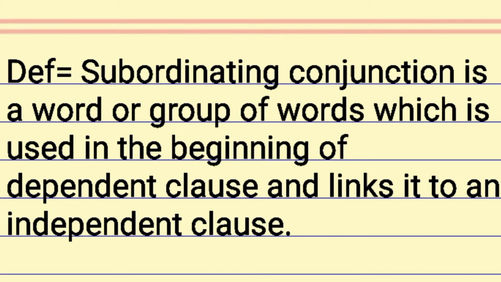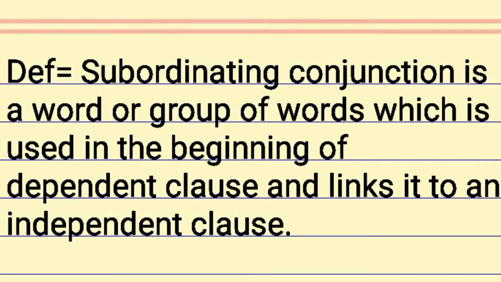An independent clause is a clause which can stand alone and give us complete meaning. A dependent clause is the opposite, because it depends on another sentence in order to give us complete meaning or sense.